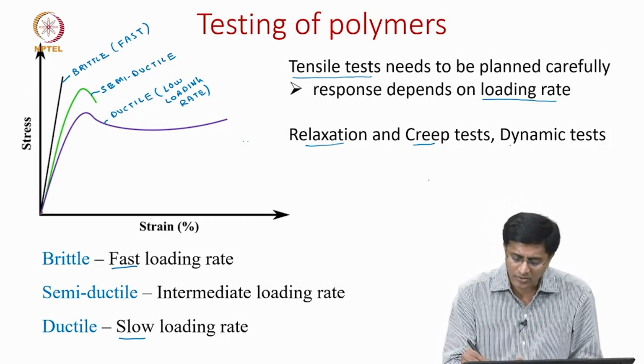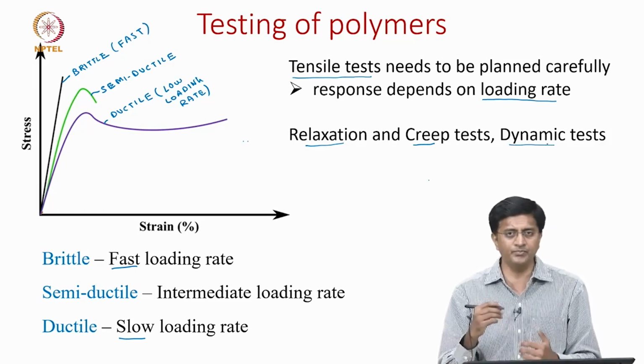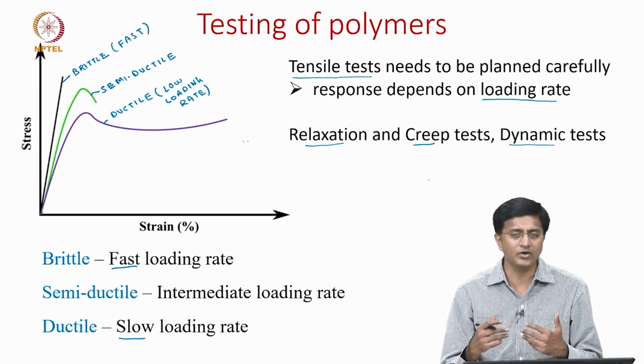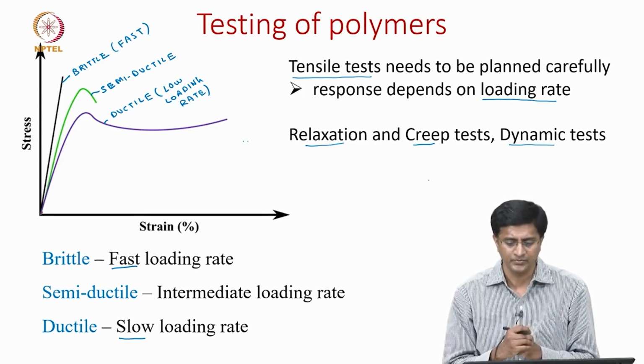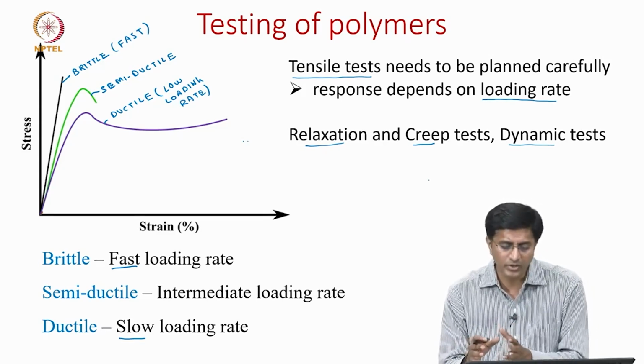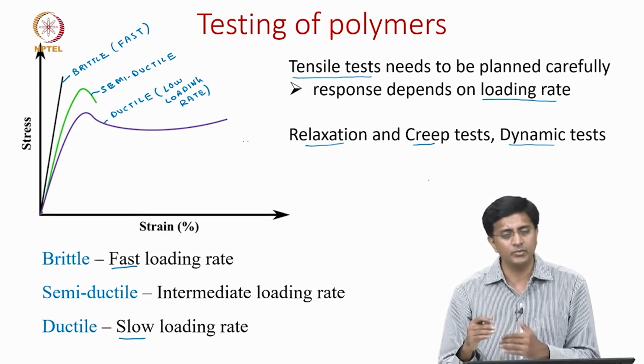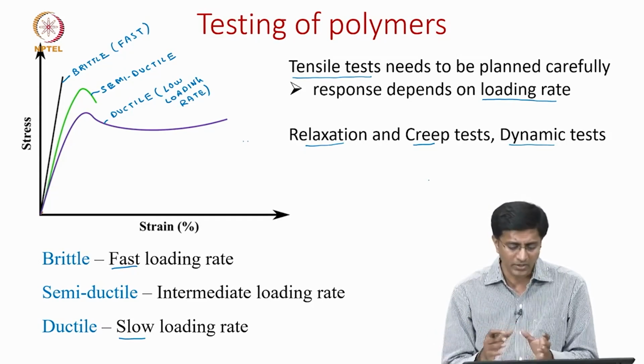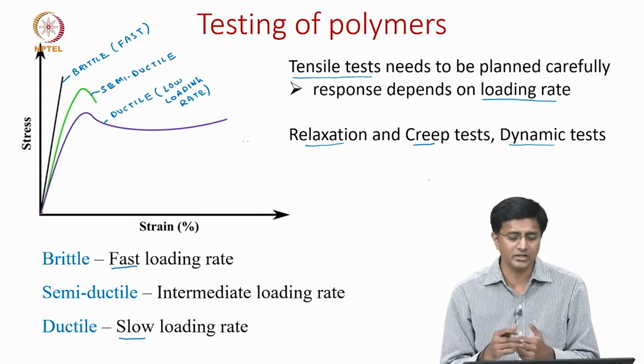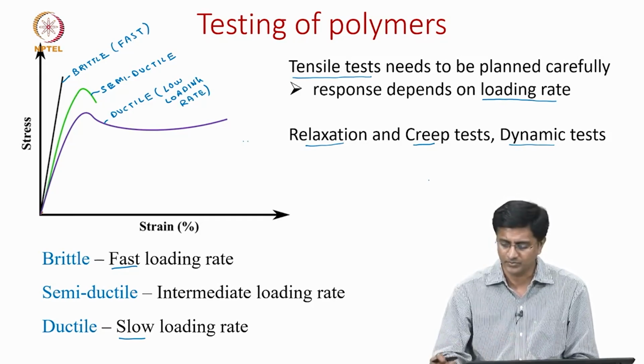But this can also be done using dynamic tests, where you can apply a cyclic load or a cyclic strain and then measure the response. But this is not what we will be looking at this week. The dynamic test we will look at in a different week, but in this video we will look at the relaxation and creep behavior and how it changes with time.